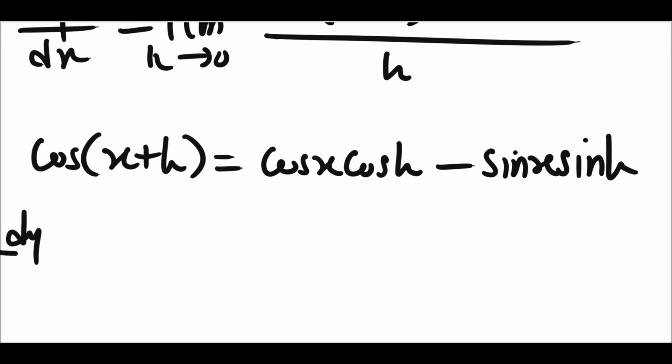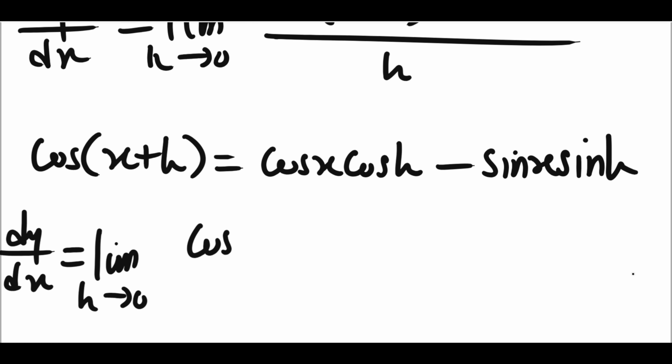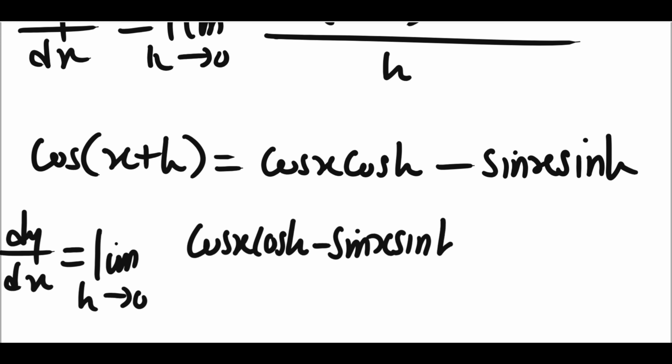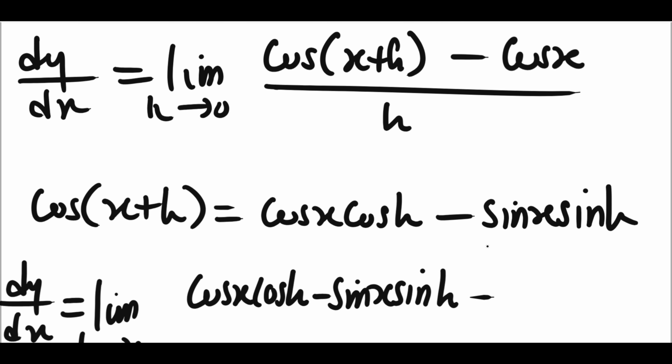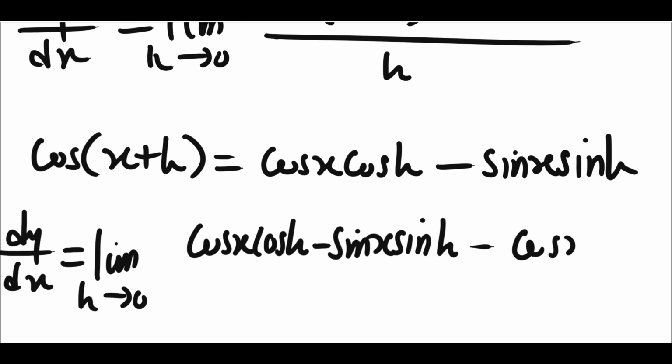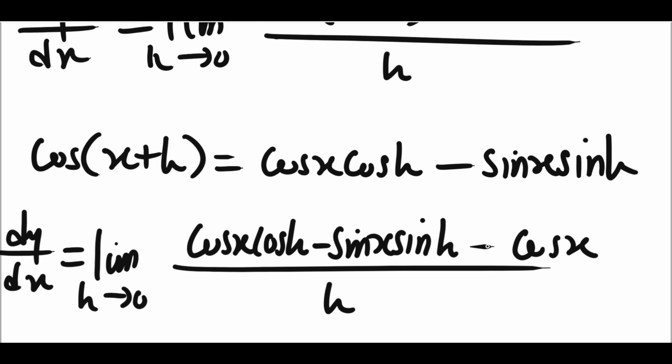So our dy/dx will be equal to the limit as h approaches 0 of [cos x cos h − sin x sin h, then minus the original function, which is cos x], all over h.